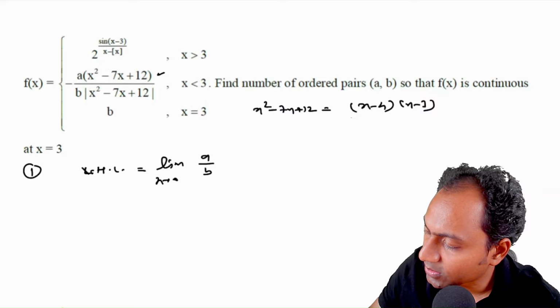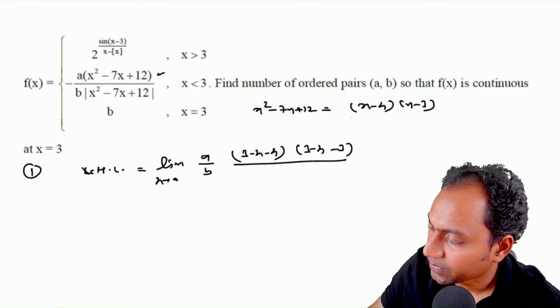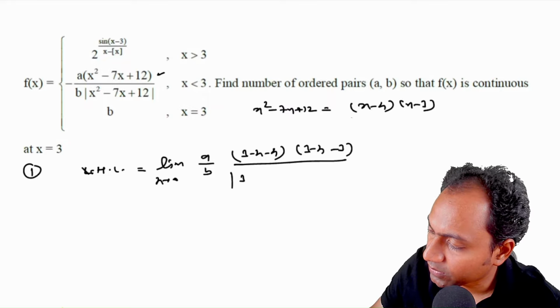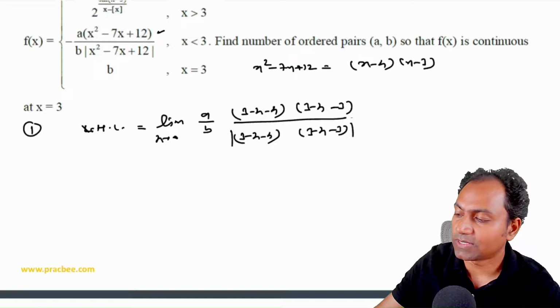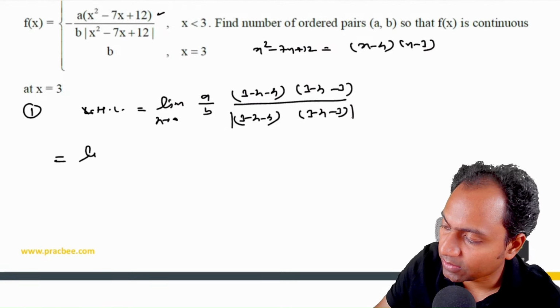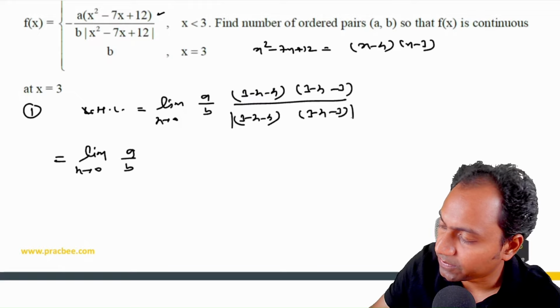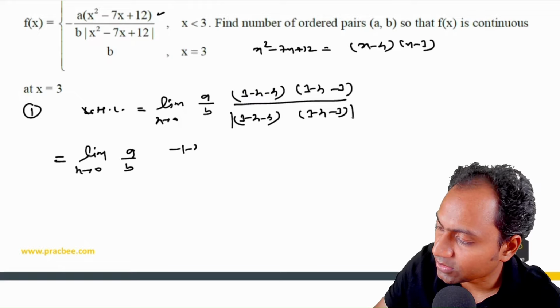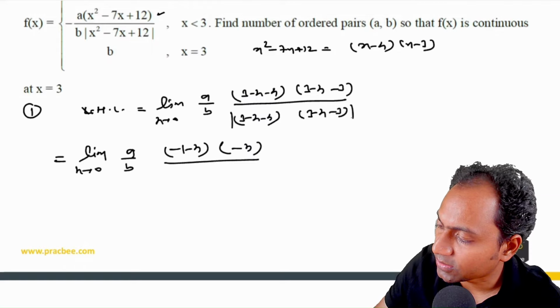So this becomes 3 minus h minus 4, this is 3 minus h minus 3, divided by mod of 3 minus h minus 4 and 3 minus h minus 3. So if I simplify this, what I am getting is limit h tends to 0, a by b. This becomes minus 1 minus h into minus h.